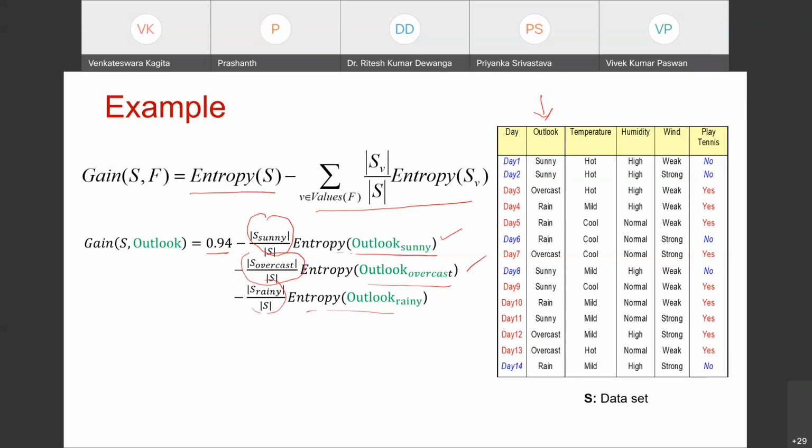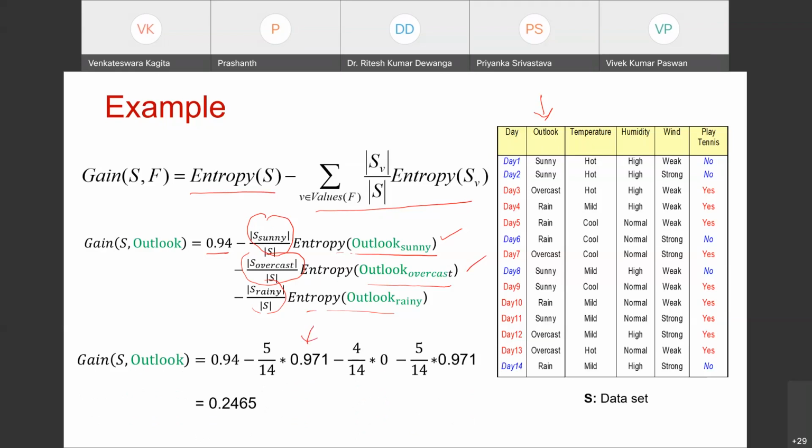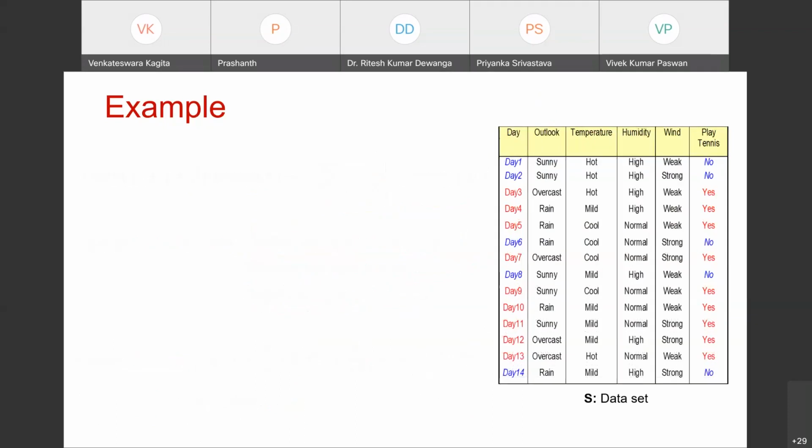How many sunny instances? 5 sunny instances. So 5 by 14 times the corresponding entropy. How many overcast examples? 4 overcast times the corresponding entropy. We have seen that overcast is pure, so entropy is 0. Similarly, you take the other one also. So the gain is 0.2465 here. Similarly, compute the gain for temperature, humidity, and wind using the same procedure.